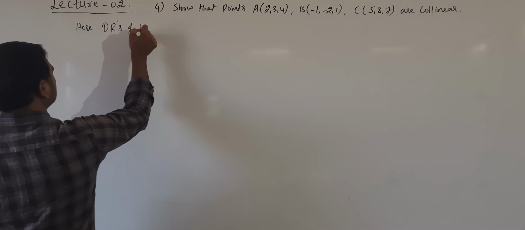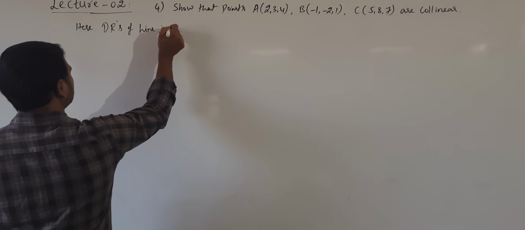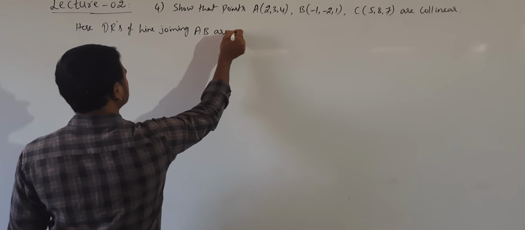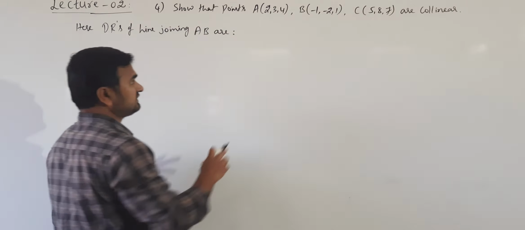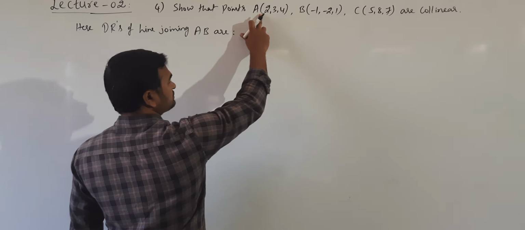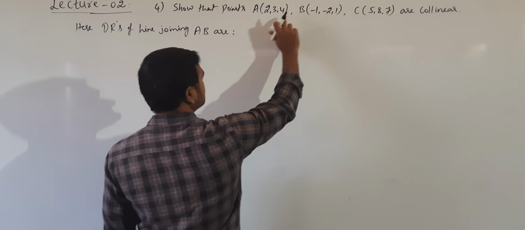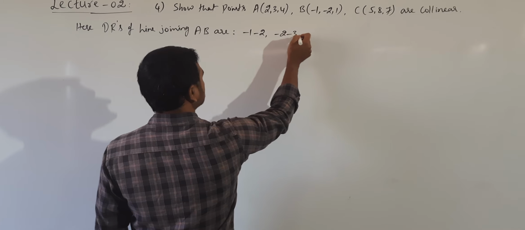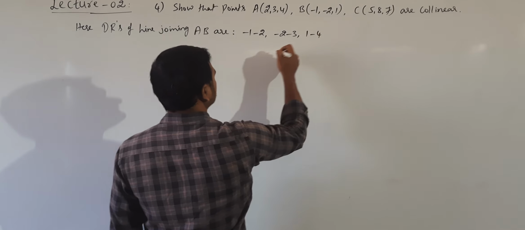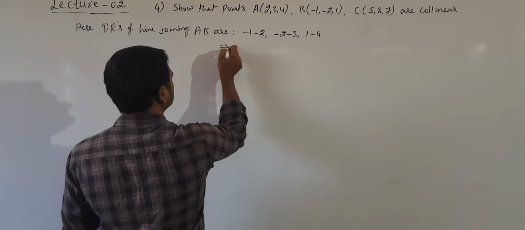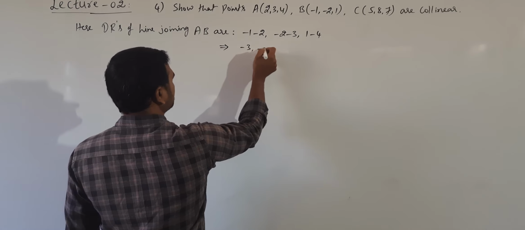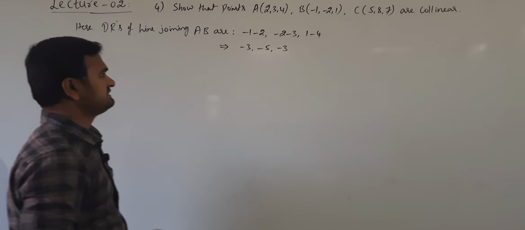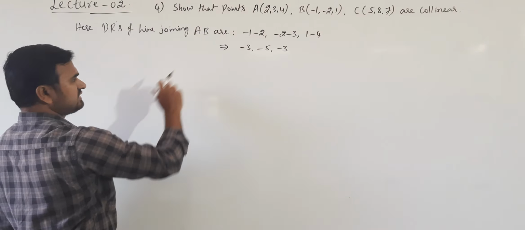What are the DRs of the line joining AB? x2 minus x1, y2 minus y1, z2 minus z1: -1 minus 2, -2 minus 3, 1 minus 4. That is -3, -5, -3. So these are the DRs of the line joining AB.